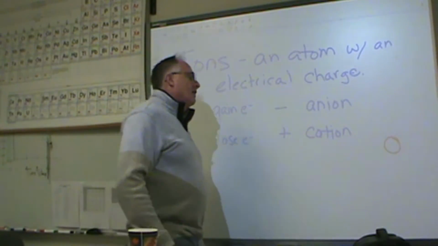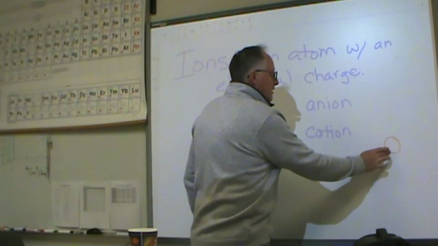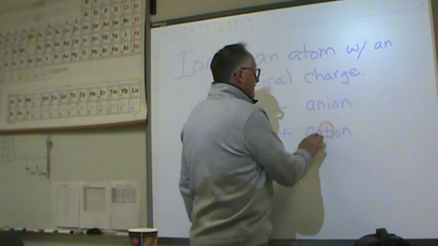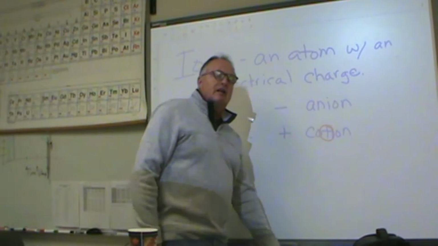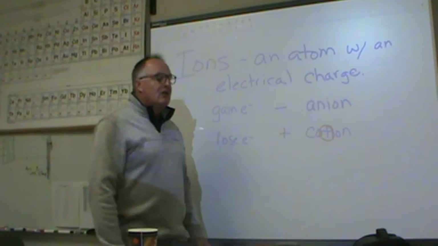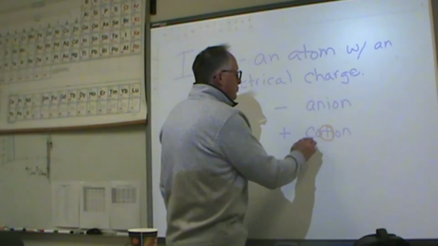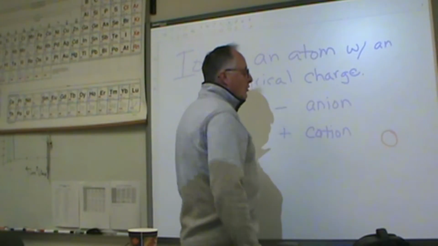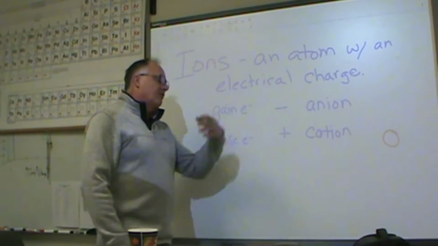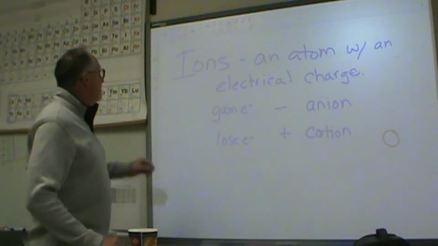My high school chemistry teacher showed me that right in the middle of cation is a plus sign, so that's how you remember which one is the positive one. If that one's positive, the other one has to be negative.